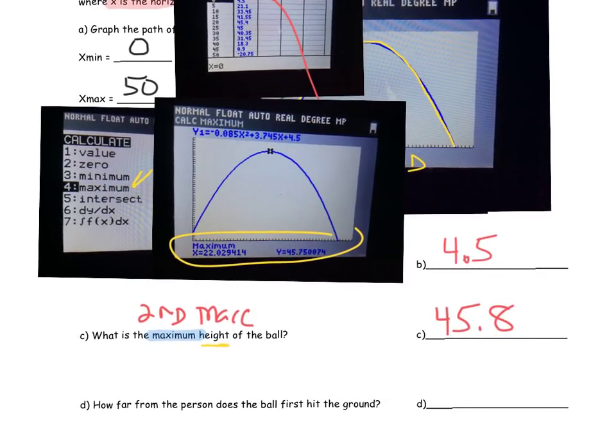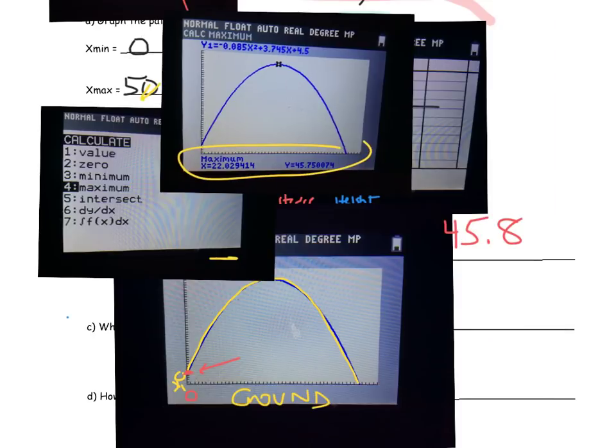Part D, how far from the person does the ball first hit the ground? So basically, we have to go back to our diagram, and we're trying to find this point right here when the ball hits the ground. That's going to be the x-intercept because the ground is my x-axis. That's going to be the 0 of this equation.